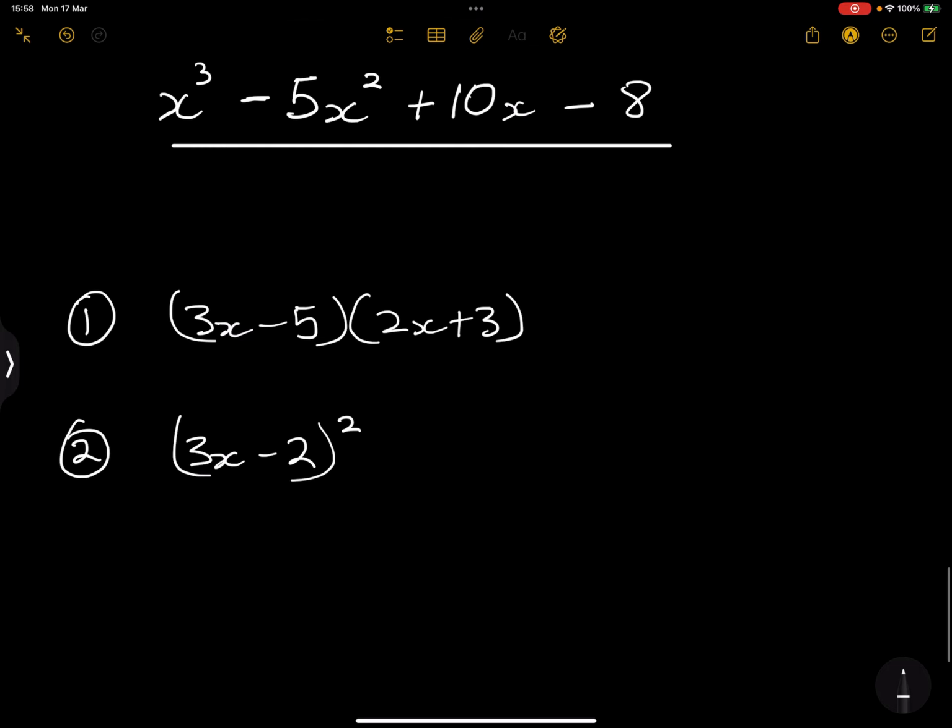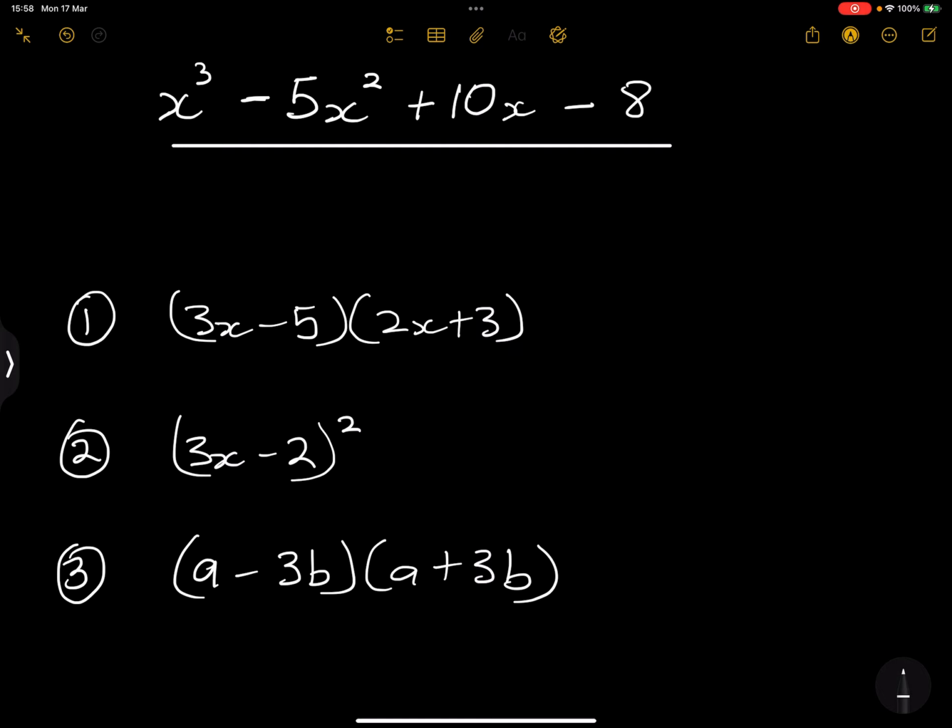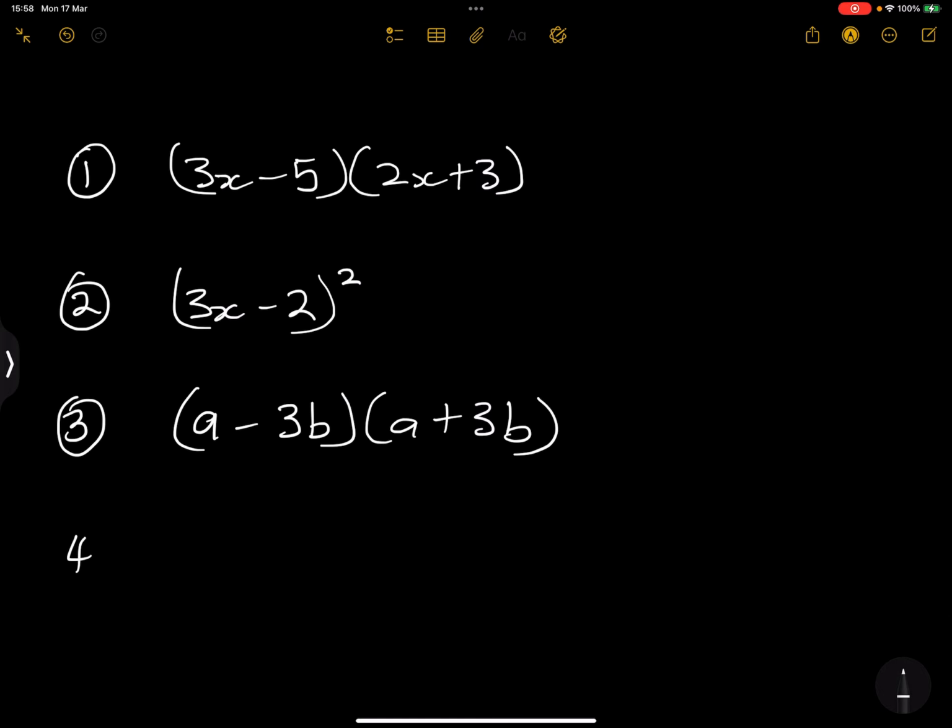And the third one, I want you to take a minus 3b into a plus 3b. And finally, let's take p minus 2 into p squared plus 2p plus 4.